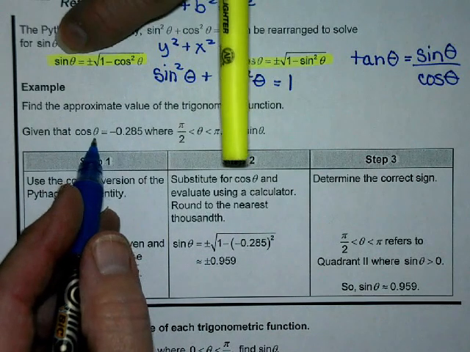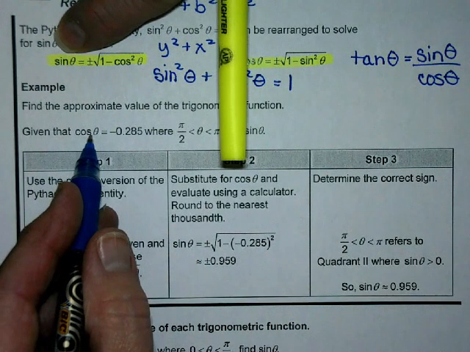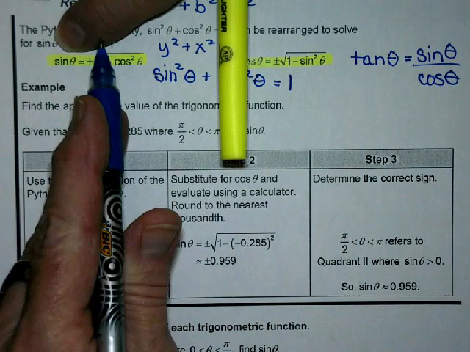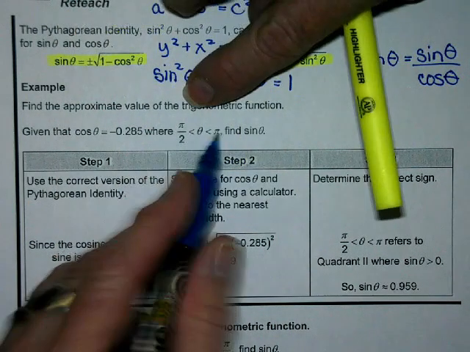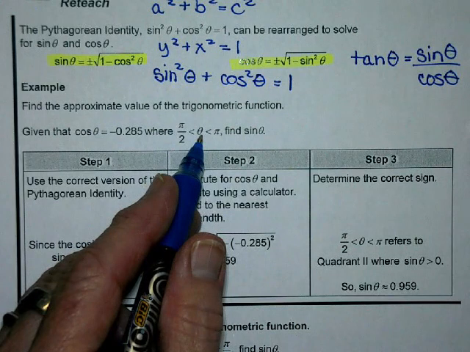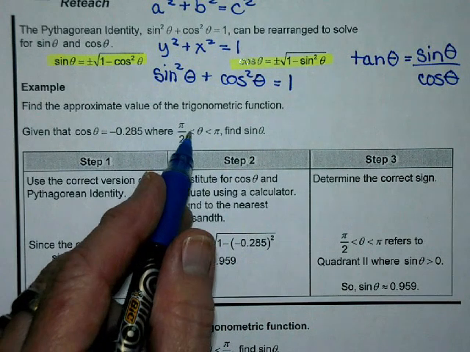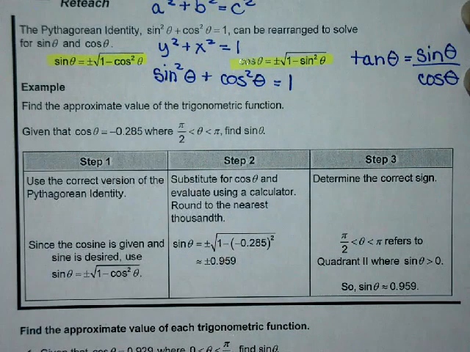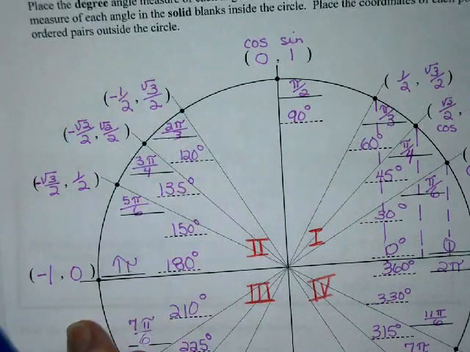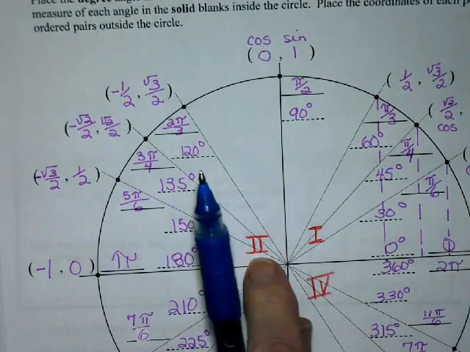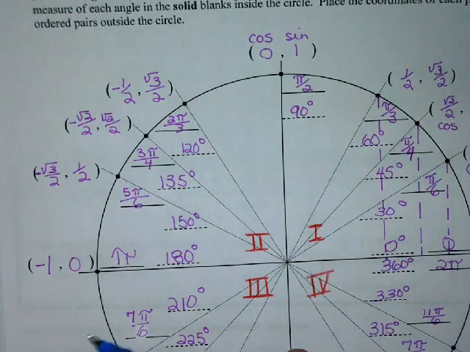So as you read the story, when they tell you what they give, you're going to use this formula to plug in what they gave you. And then how do you know which answer to use? It comes from this quadrant. So this is from pi over 2, which is at the top of the circle. Okay. From pi over 2 to pi is in quadrant 2.